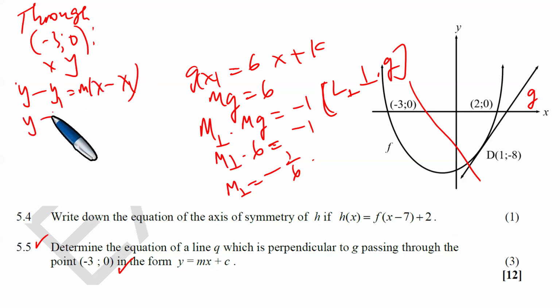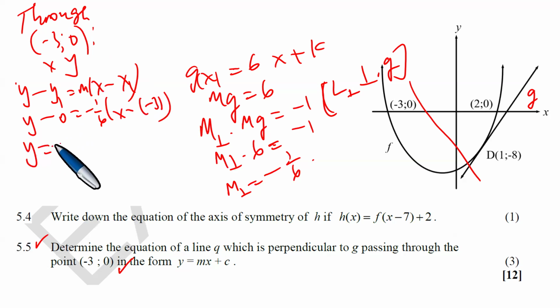Y minus 0 equals the gradient, -1 over 6, times x minus x1, which is -3. Y equals -1 over 6 x plus 3 times -1 over 6, which is -3 over 6. Y equals -1 over 6 x minus 1 over 2.